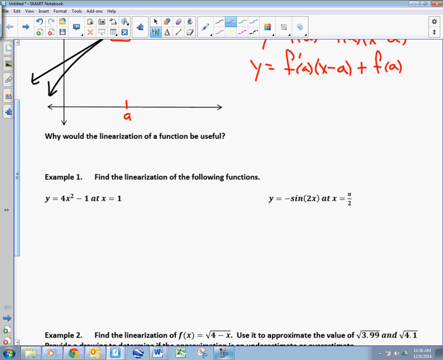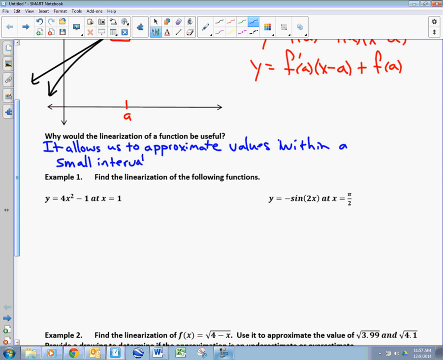So, why would the linearization of a function be useful? It allows us to approximate values within a small interval. Got it?